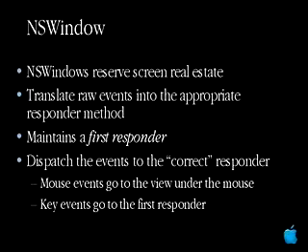They either have a location associated with them, in which case they're going to go to whatever responder corresponds to that location inside the window. Or there's something like a key event, which doesn't have a particular location. For that second kind of event, NSWindows maintain a special instance variable called the first responder. The first responder is that item inside the window that gets first crack at key events. And that first responder will change as the application runs and the user clicks in different text fields and so on.